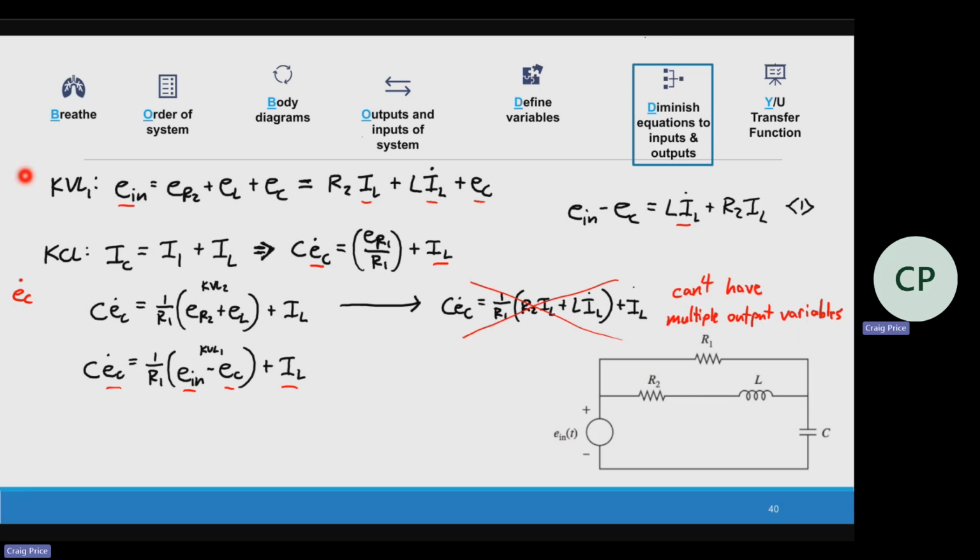But I've got my one equation. Now I've got my other equation. I'm going to move this over to the other side. So we have C EC dot plus 1 over R1 EC is equal to 1 over R1 EN plus IL.